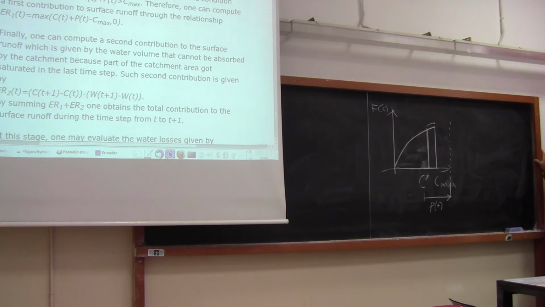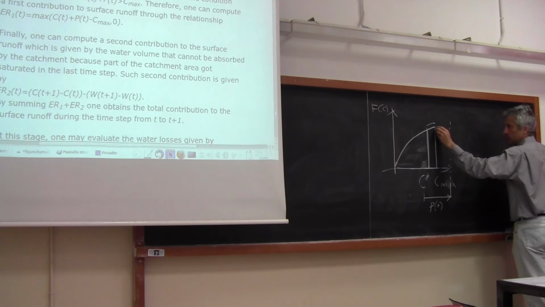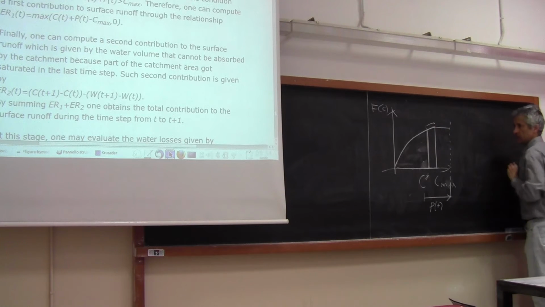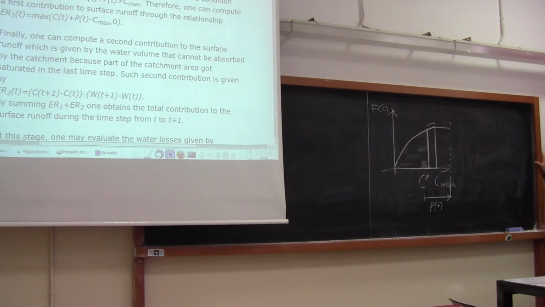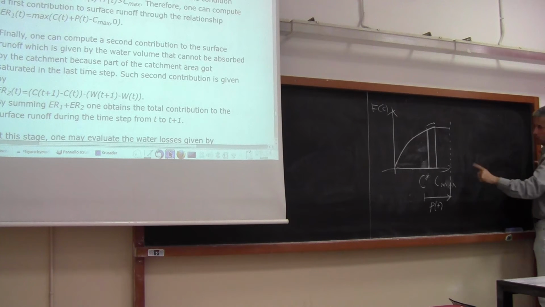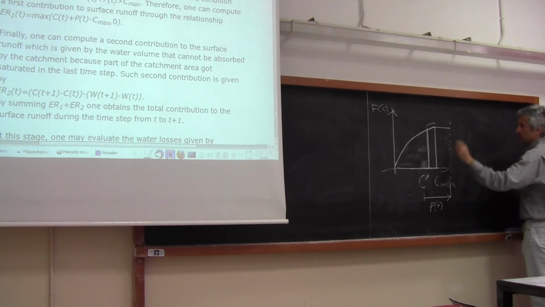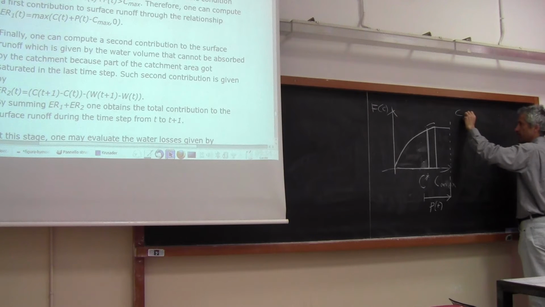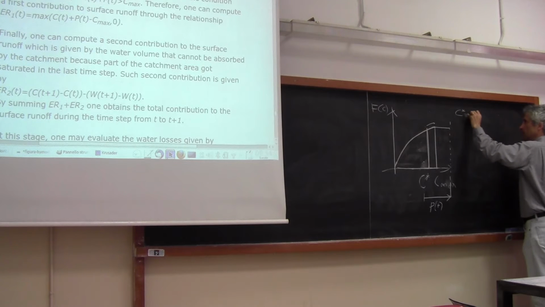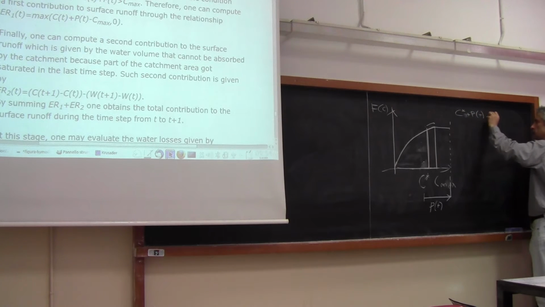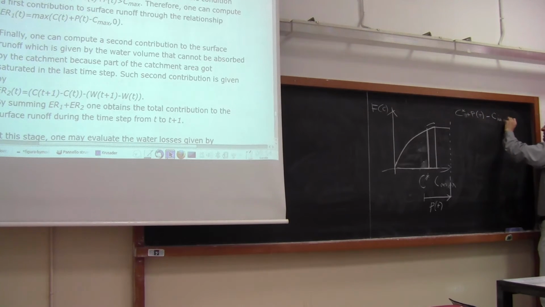And then, if we want to depict here the C value, it is this. So basically what you do is take C star plus PT minus Cmax. This is what is written there. And then what is this?